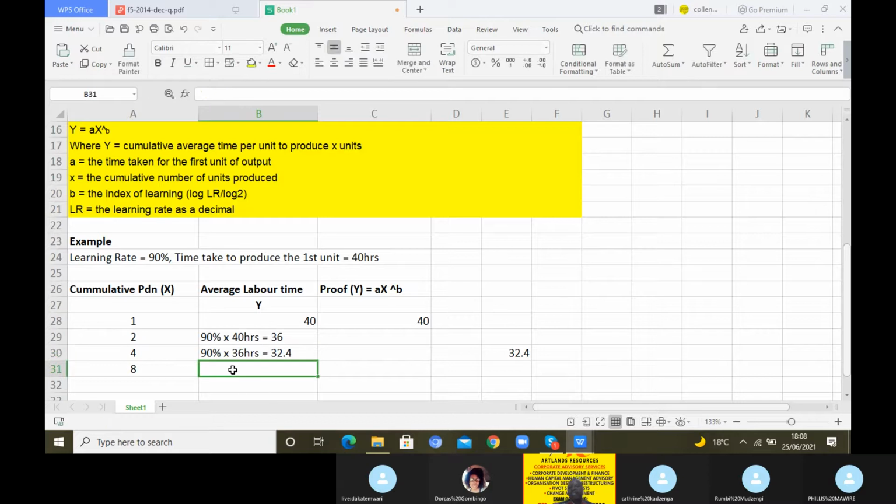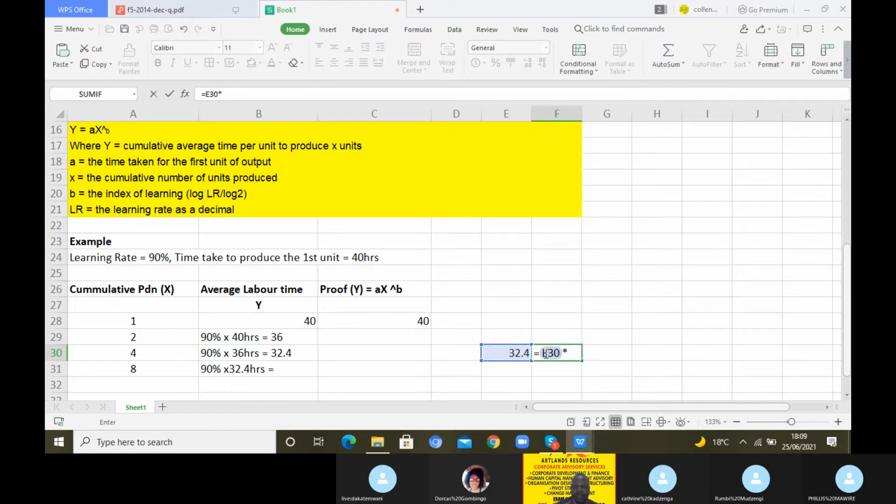And then the average for 8 units becomes 90% multiplied by 32.4 hours, so you multiply this by 0.9, equals 29.16. So there you go.